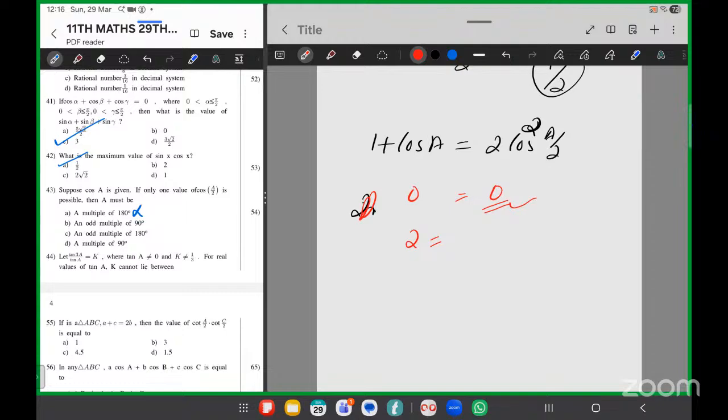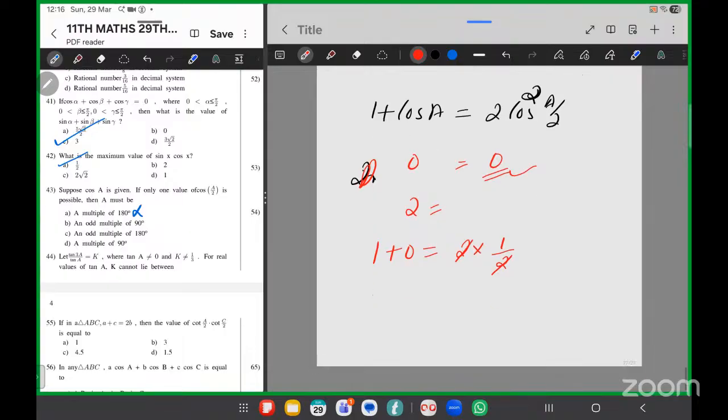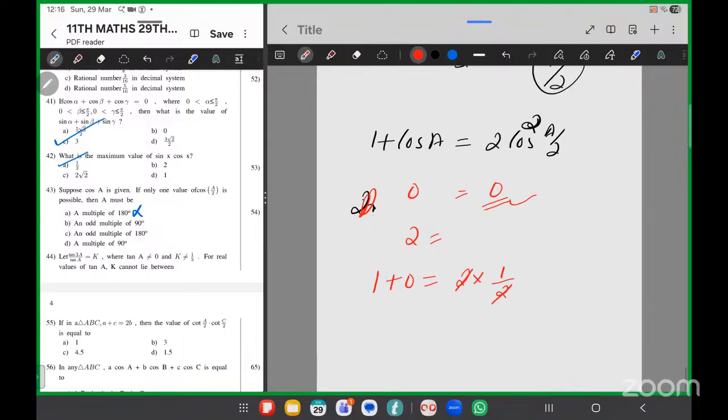If you put odd multiple of 90, cos A by 2 become cos 45, that become 1 by root 2. So 1 by 2 get cancelled. Okay, that is possible. 2 into 1 by root 2 whole square is 1 by 2, 2 into 1 by 2 cut.